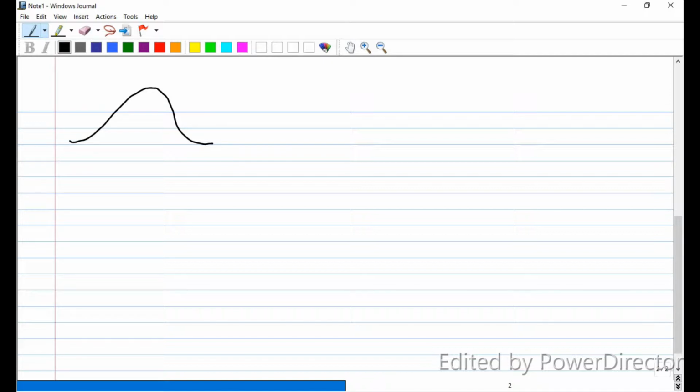If we do have a bell-shaped distribution, then, and this is called the empirical rule, about 68% of the data items will lie within one standard deviation of the mean. So in a set of data, the mean would be right here in the middle if it was bell-shaped. The mean could be x bar or it could be mu.